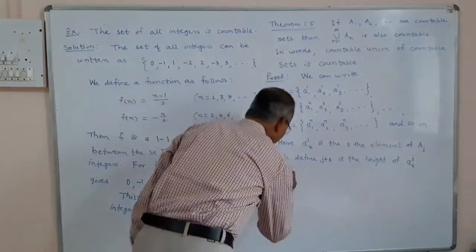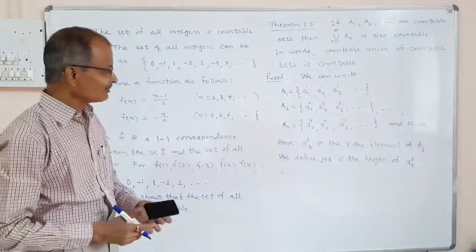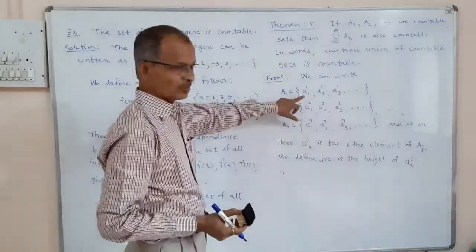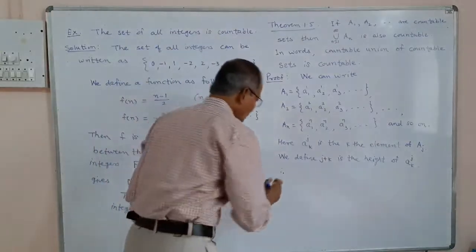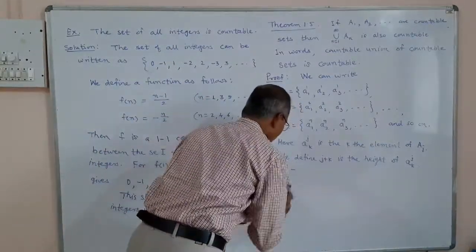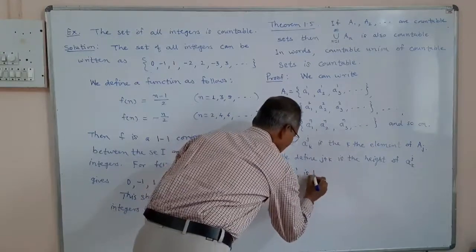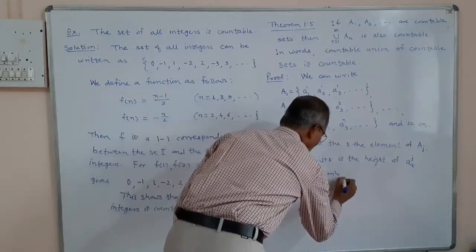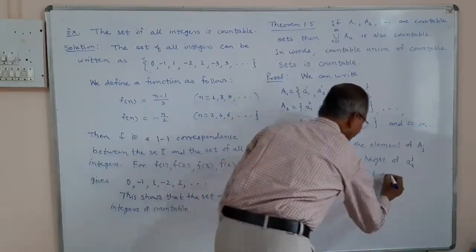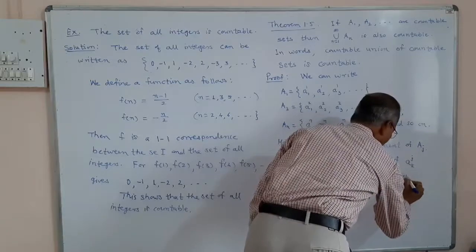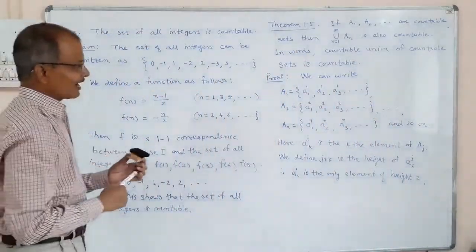Now what is the minimum height? The minimum height of the elements will be this one, 2. And therefore there is only one element of height 2. Therefore A11 is the only element of height 2. Now, what about height 3?